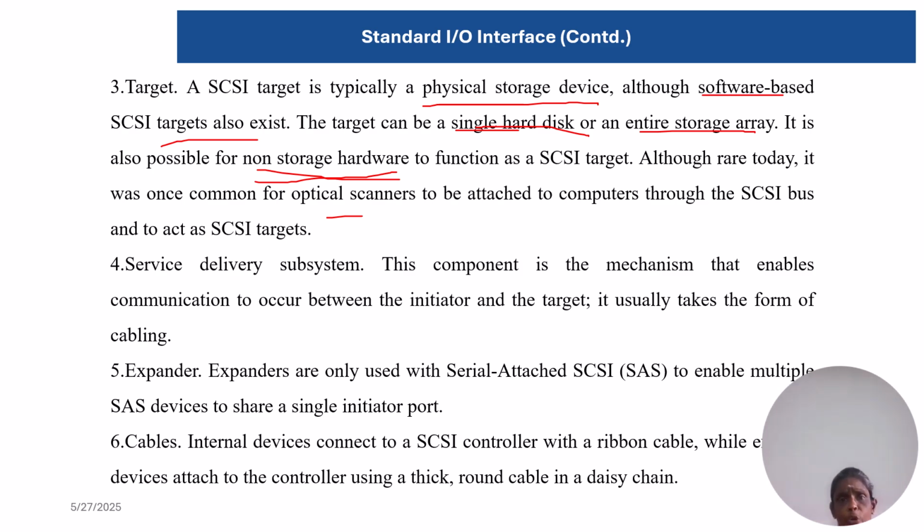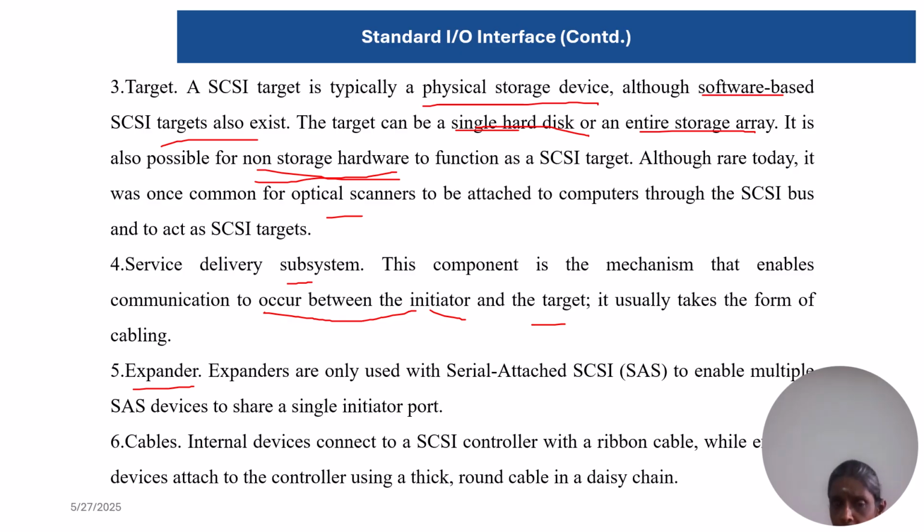And then the fourth one, service delivery subsystem. For service delivery, we know it has to have a smooth transport of the data. This component is a mechanism that enables communication between the initiator and the target. It usually takes the form of a cable. And then the fifth one, expander.